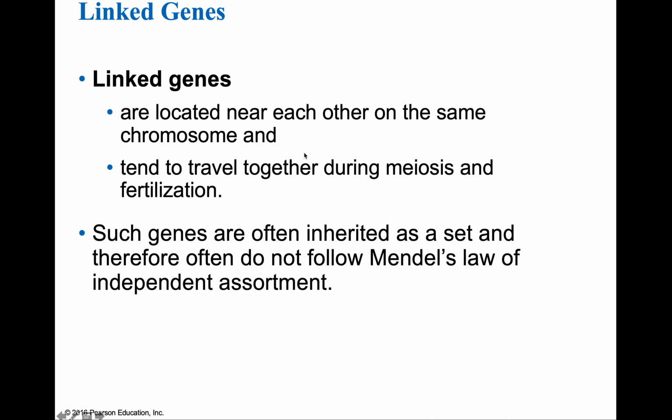Okay, now the next slide we care for is linked genes. Linked genes are ones where the genes are so close to each other on the same chromosome. Now what does that mean if it's so close to each other? It means that they're likely to be inherited together, even with the crossing over story that we saw before. So they're so close that they're linked to each other.